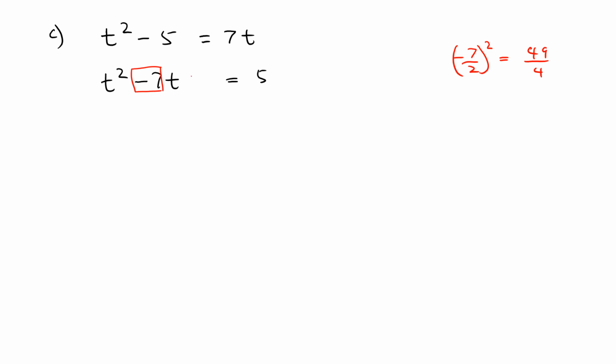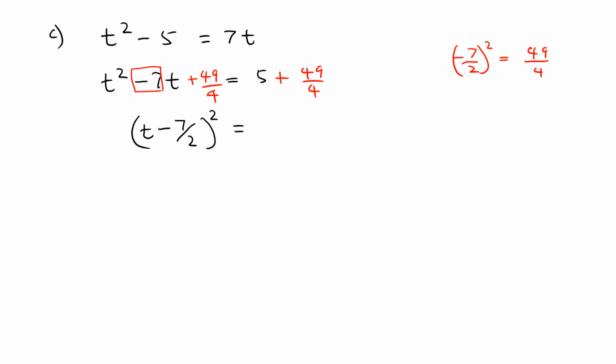So it is plus 49 over 4 and then plus 49 over 4. It's always plus because you add the term. So now this left hand side is automatically t, half of the coefficient, that means negative 7 over 2, that term goes here, squared.